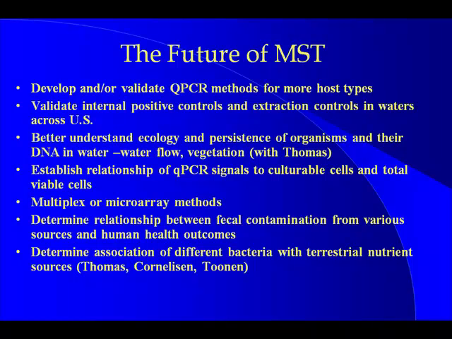We're really interested in better understanding the ecology and persistence of different types of organisms, and how the environment, like sand, dirt, and algae, affects survivorship of different groups. And the terrestrial nutrient sources, which Jody, Chris and I are working on, link terrestrial sources and isotope information with microbial source tracking.